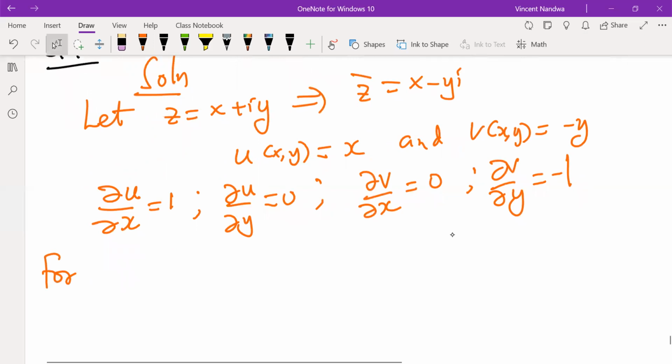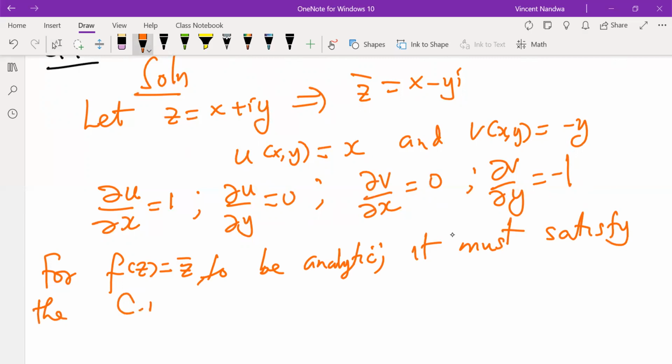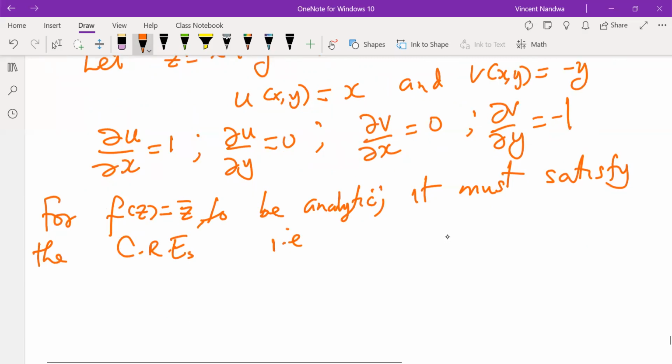So for f of z equals the conjugate of z to be analytic, it must satisfy the CRE, the Cauchy-Riemann equations, i.e. partial u, partial x is the same as partial v, partial y.